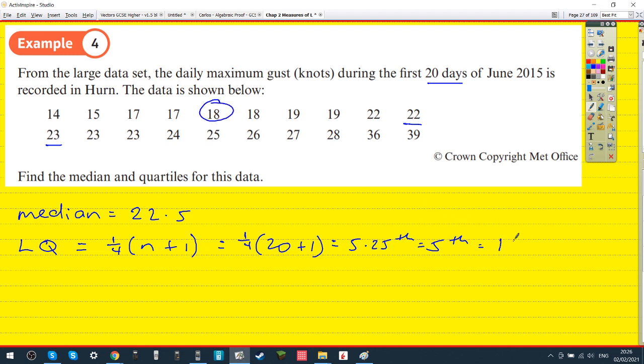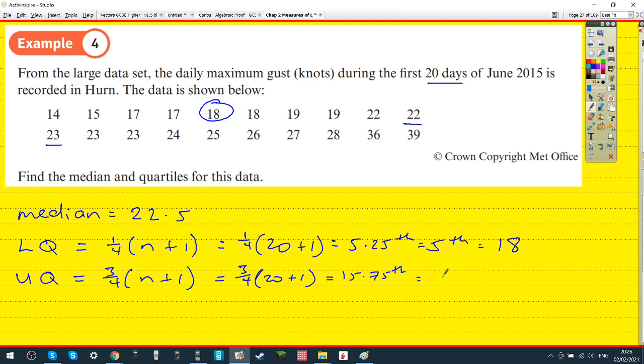Okay, any idea about upper quartile? Would it be 3/4 n plus 1? Correct. And the median is 2/4 n plus 1, which is a half. So that's 15.75. What value will we take for that one?